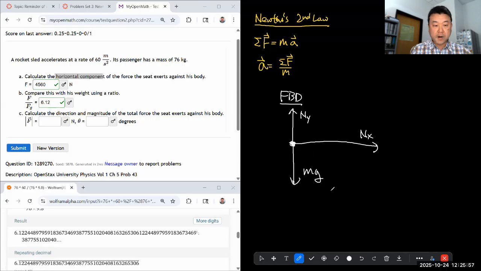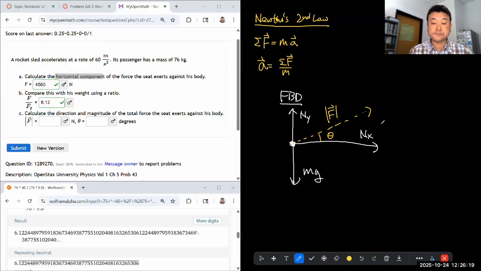So what part C is asking for is, imagine adding these two together, then the combination of those two forces is what they're calling F there, and they're asking for the magnitude and the angle theta. I think the angle is presumably from the horizontal direction.